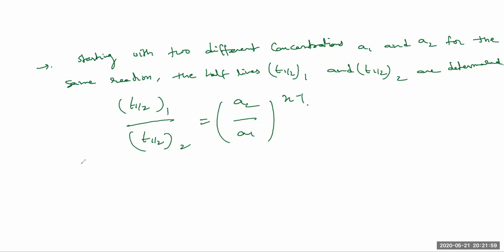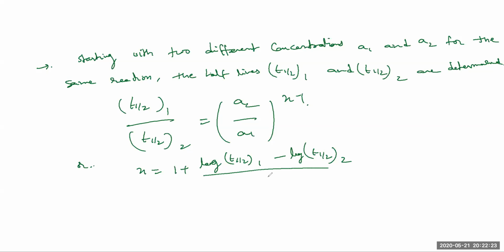Or applying logarithm on both sides, we get n is equal to 1 plus log of T half 1 minus log of T half 2 divided by log A2 minus log of A1. So here n is the order of the reaction.